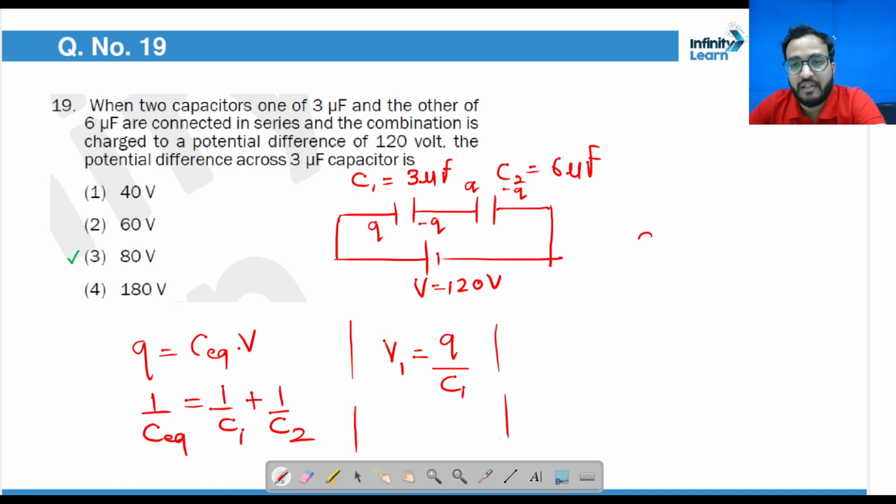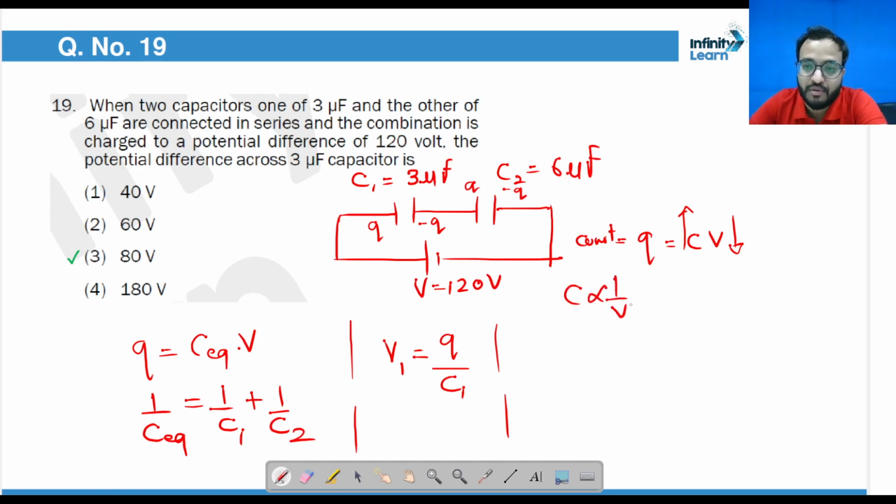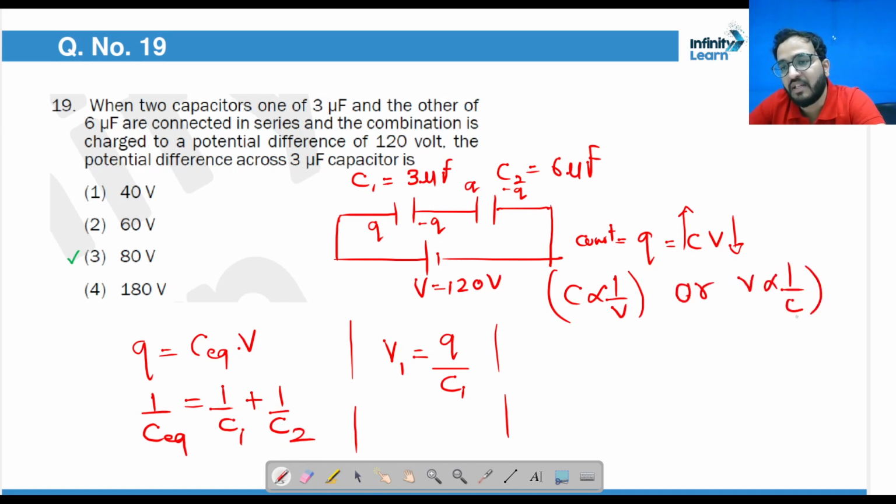Otherwise, since we know that Q is constant, Q is equal to CV. So obviously Q is constant in both the capacitors. So greater the capacitance, lesser the potential. That means C is inversely proportional to V, or we can also say that V is inversely proportional to C, right?